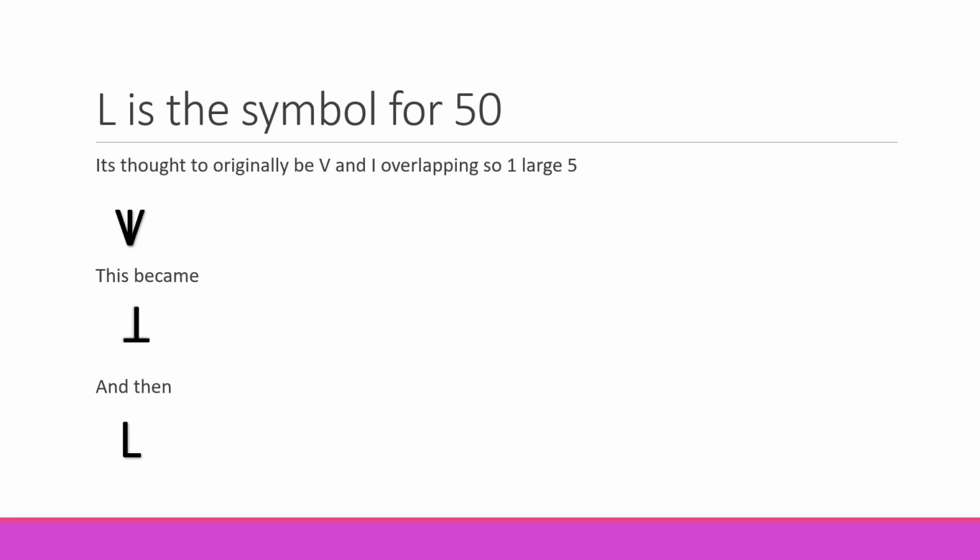That V overlapping with an I became this sort of symbol, like an upside down T, which is very close to then became this symbol here. So if you wanted to write 56, you'd write LVI. So that'd be 56.